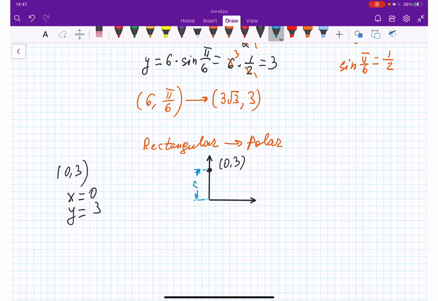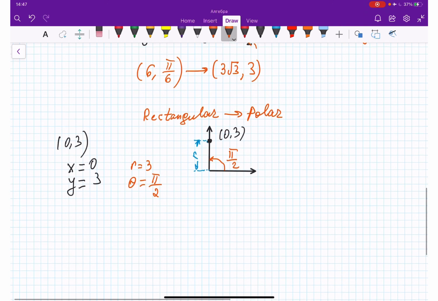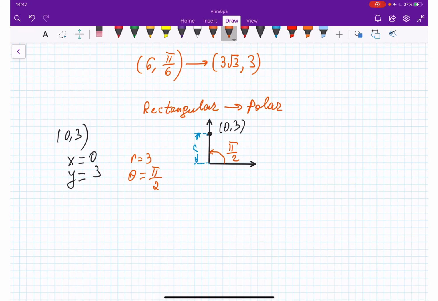So our r is equal to 3, and the angle automatically, because this is 90 degrees, is pi over 2. So theta is going to be pi over 2. So we converted rectangular coordinate (0, 3) to polar coordinate, which is (3, pi over 2).